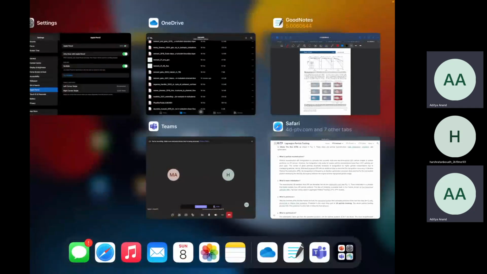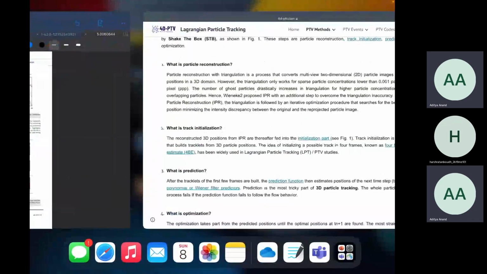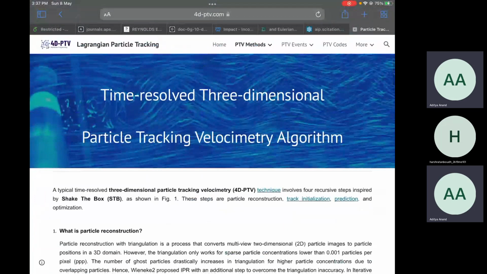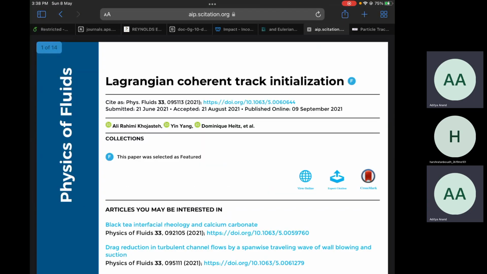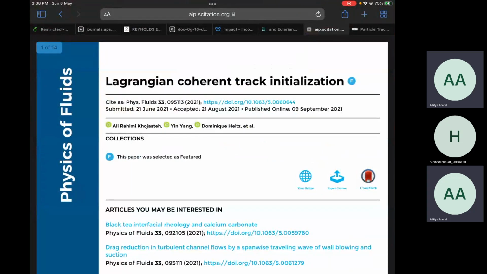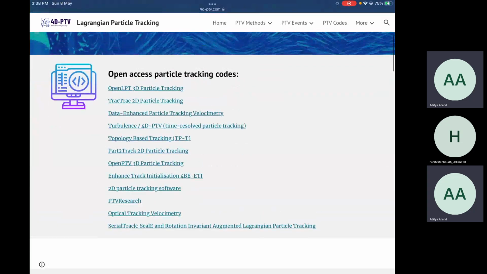So this was it. I could only go through these two papers in the time that I had, so I think that would be it for me for today. What I would like to do is explore these particle tracking methods. There are open source codes here.